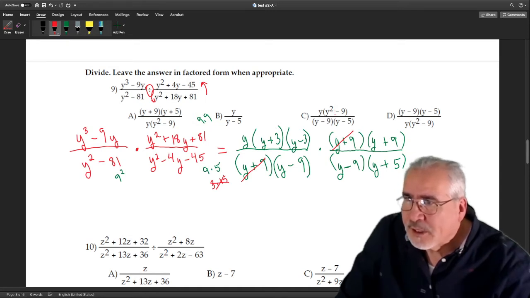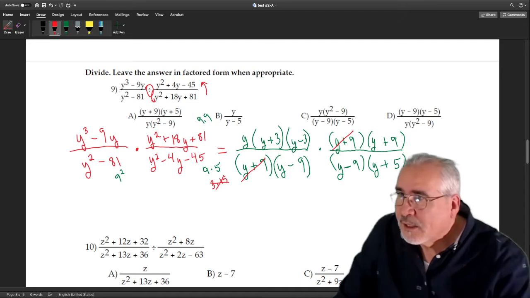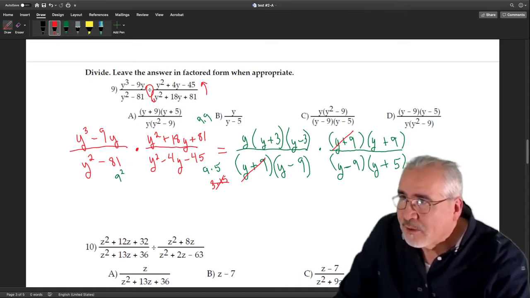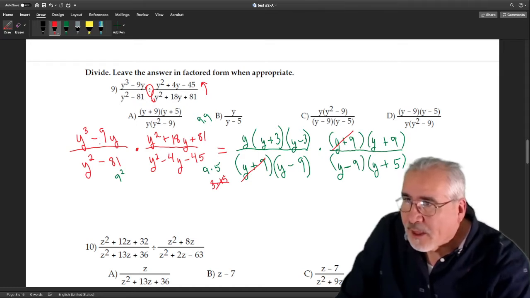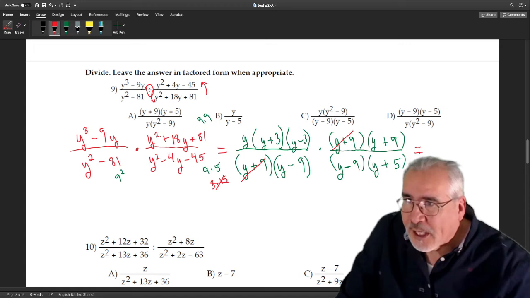I don't see the right answer here. Did I do something wrong here? This is y minus 9. This is y minus 9. Not finding my answer up there. Okay, so let's go ahead and write out what we have.